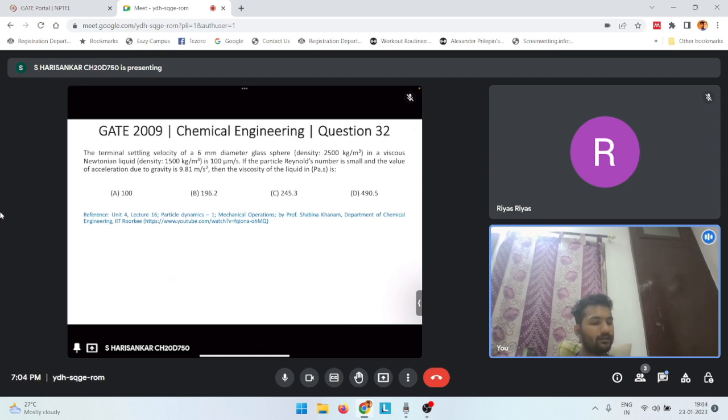If the particle Reynolds number is small and the value of acceleration due to gravity is 9.81 meter per second square, then the viscosity of the liquid in Pascal second is option A 100, option B 196.2, option C 245.3, and option D 490.5.